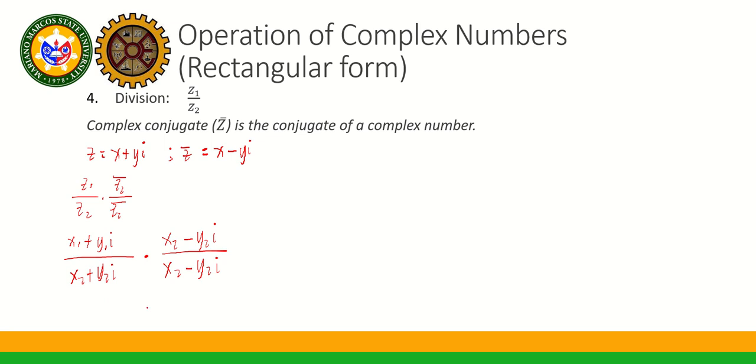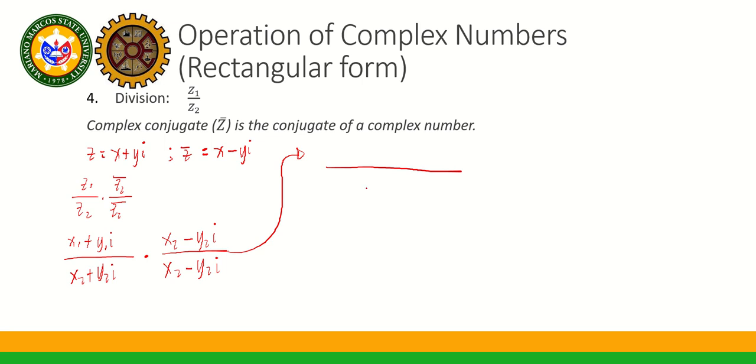So, simplifying, we have, dito na natin ituloy. Since multiplication to, multiply lang natin yung mga numerator to numerator and then denominator to denominator. Itong denominator natin is the expansion of the difference of two squares.